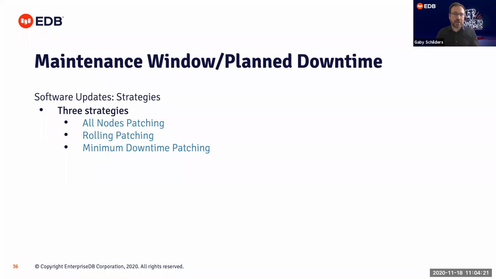Rolling patching is where you can, for instance, pause the front-end application from providing write or delete changes to the database, so that you have this window to update the primary very quickly, but still with some downtime for writes. The last scenario is minimum downtime patching that I described earlier as being done with a switchover where one of the replicas take the place of the primary.